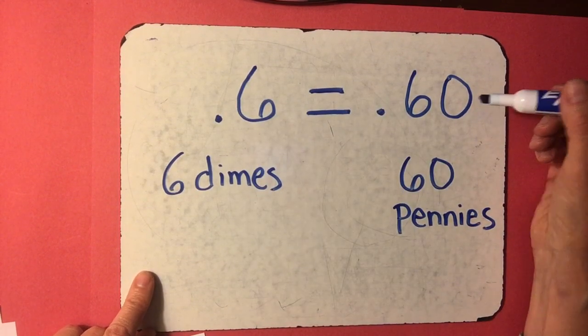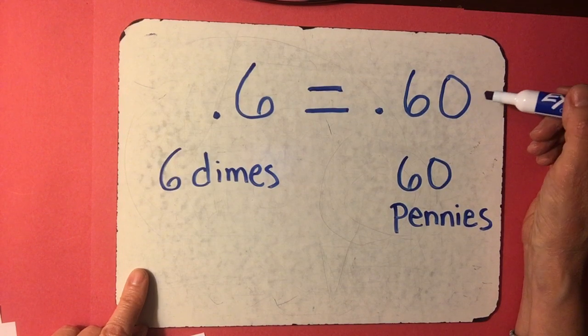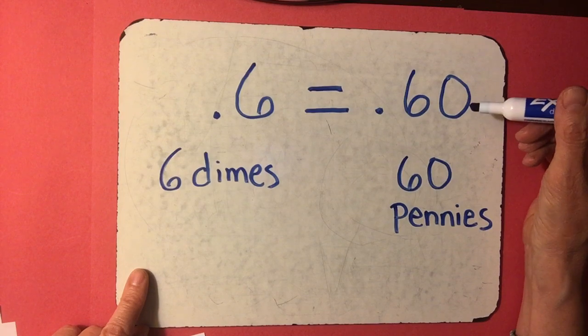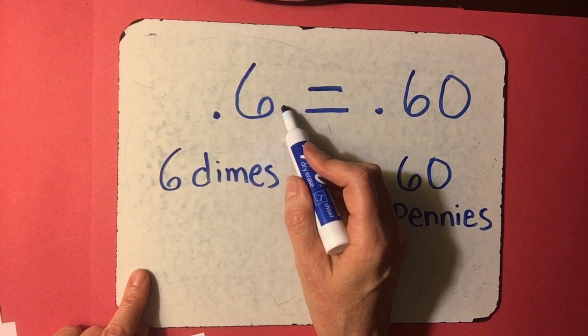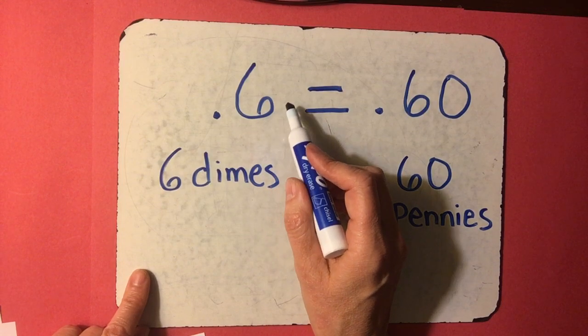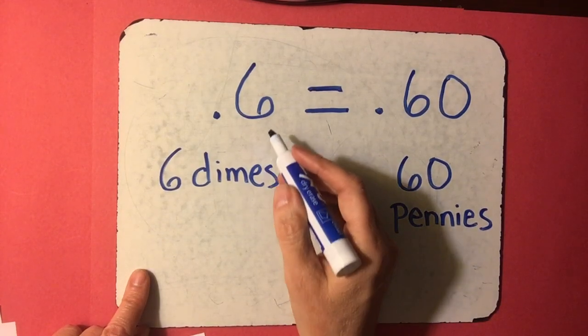If you thought this one looked bigger, the reason you probably thought it was bigger was because of the placeholder 0. It looks like a bigger number when we put a 0 there. When there is no placeholder 0, when we're referring to 6 tenths, there really is a 0 there, but we're just not looking at it because we're looking at tenths.